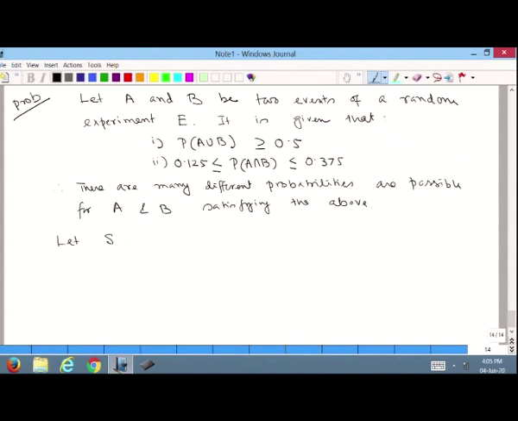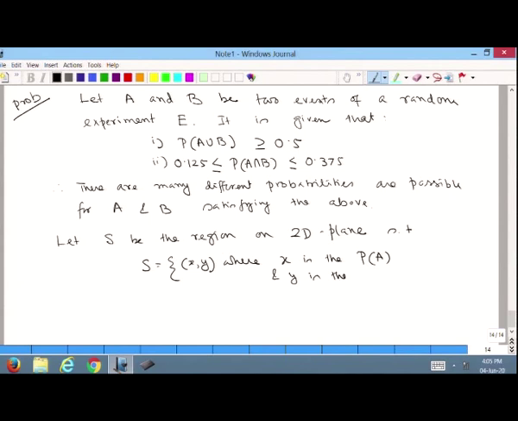Let S be the region on the 2D plane such that S is equal to (x, y), where x is the probability of A and y is the probability of B satisfying the above conditions.